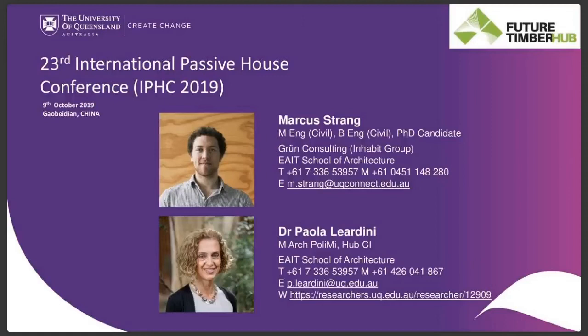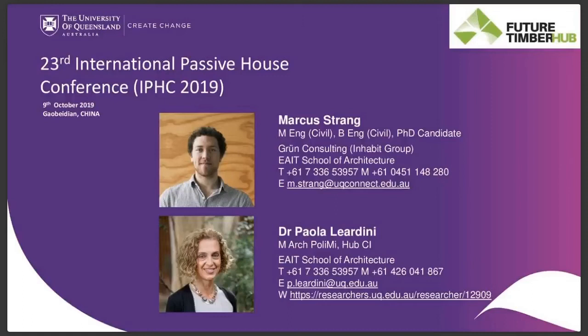Okay, thanks. I've got a question for you from Jason. How did you consider a lower permeability membrane on the outside of the CLT rather than putting the insulation inside the CLT? Yeah, I have considered that.